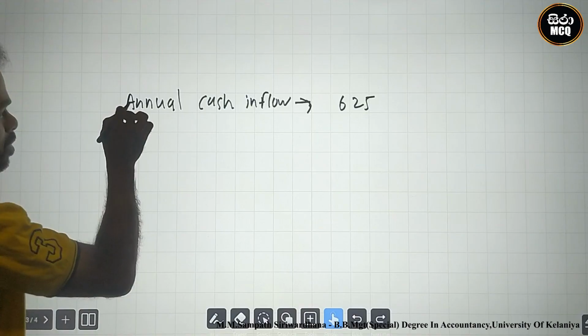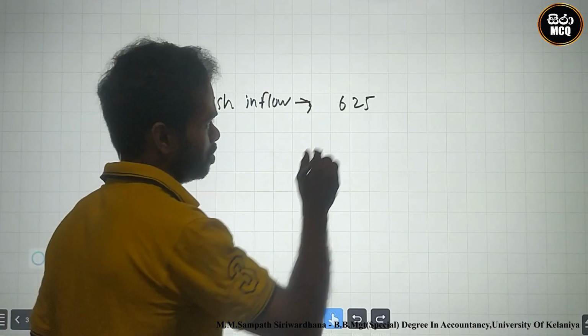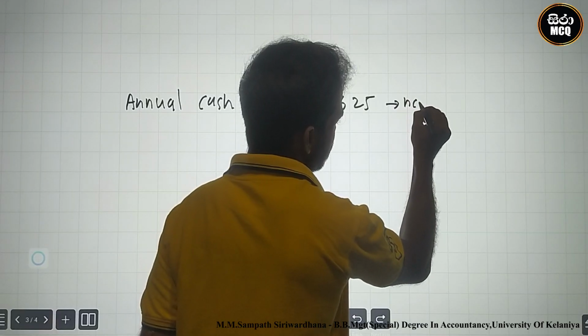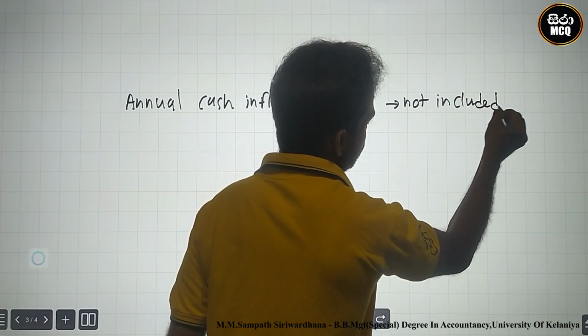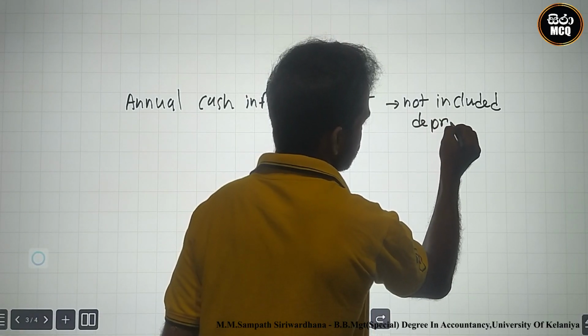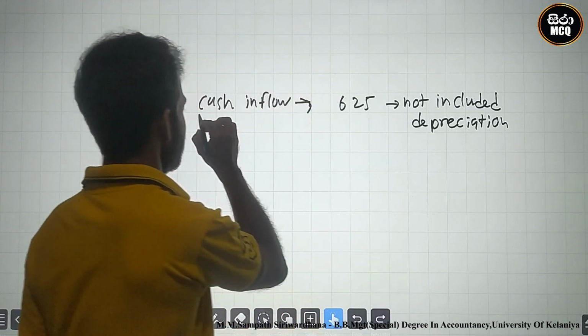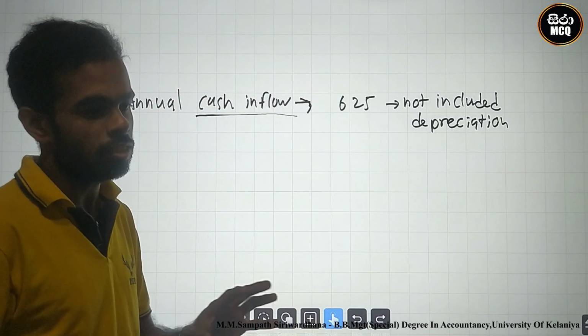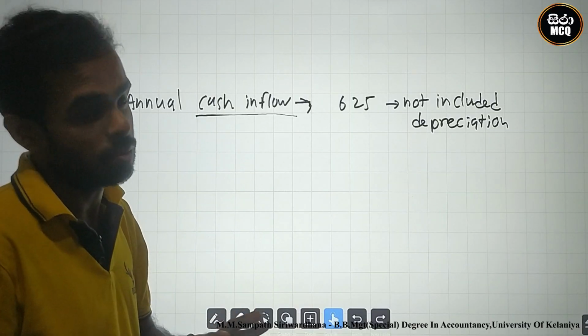Look here, the annual cash inflows do not include depreciation, because depreciation is not a cash inflow.